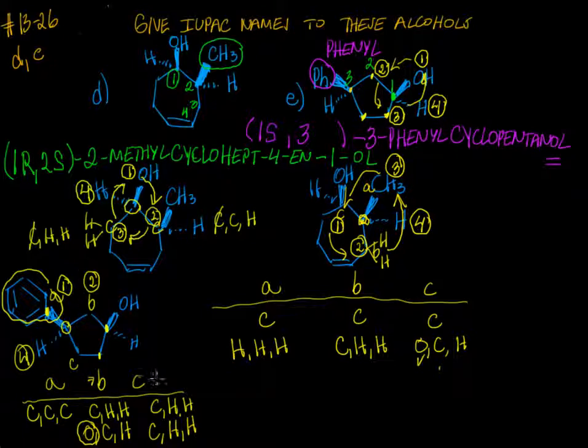And chain C here is priority 3. And again, we drive the car figuring out which way the rotation goes. So carbon 1, group 1 to 2 to 3 to 1 appears to be right or clockwise. So the full name here would be 1S, 3R, 3-phenyl cyclopentanol.